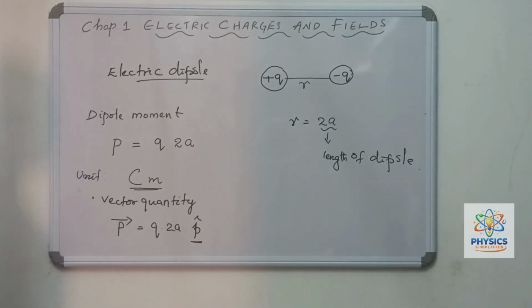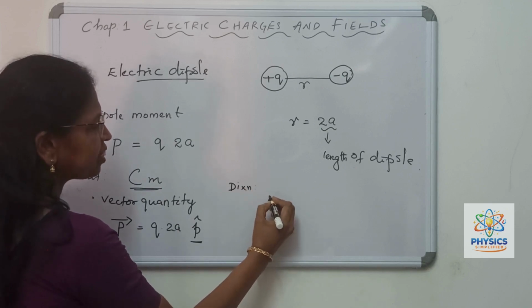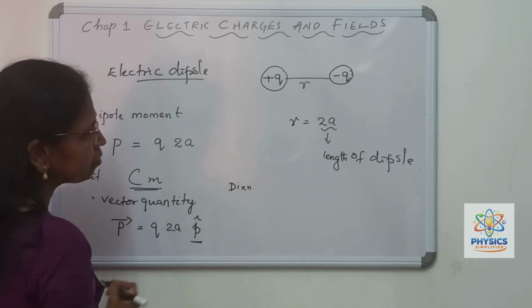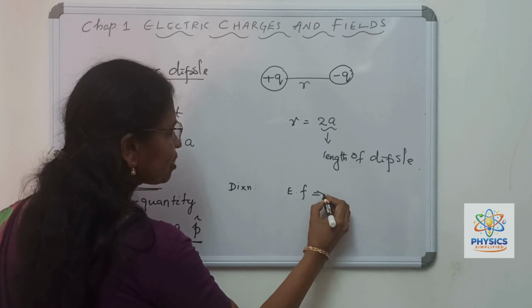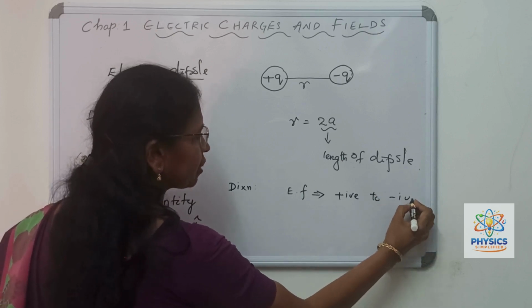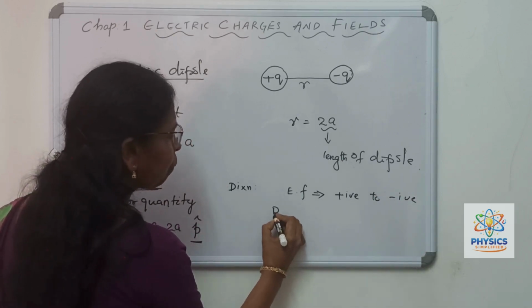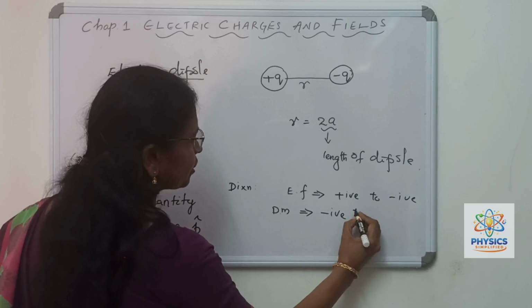So vector P is equal to Q into 2a into P cap. And the direction of dipole moment is just opposite to the direction of electric field. The electric field direction always moves from positive charge to negative charge. The direction of dipole moment is from negative to positive.